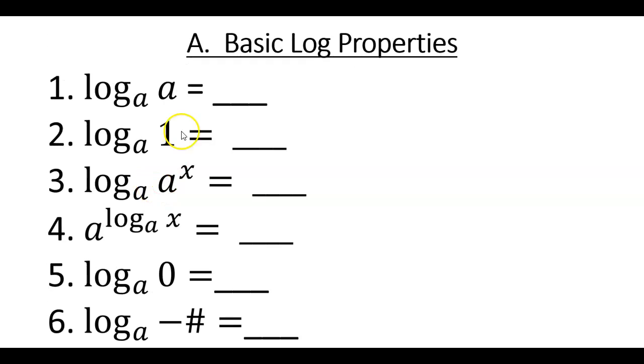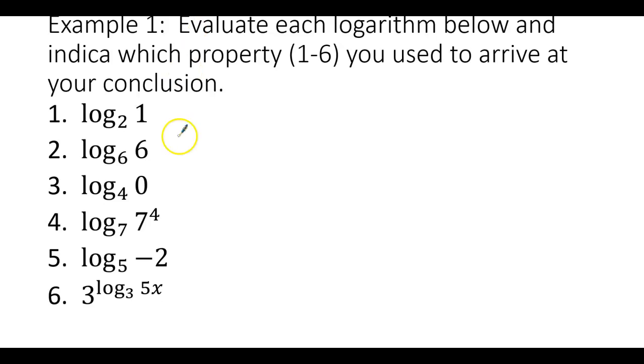And when I look back on this slide over here, that was this one, and what we had there was a 0, right? So in this case, the answer will be 0, because no matter what the base is, anytime this number is a 1, the answer is 0. And I'm just going to put P2 for property 2. Now, this property is not really called property 2. That's just what I'm arbitrarily calling it.